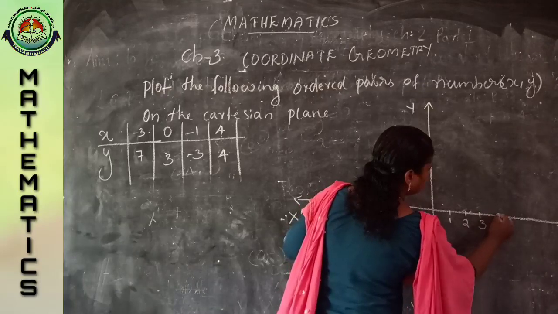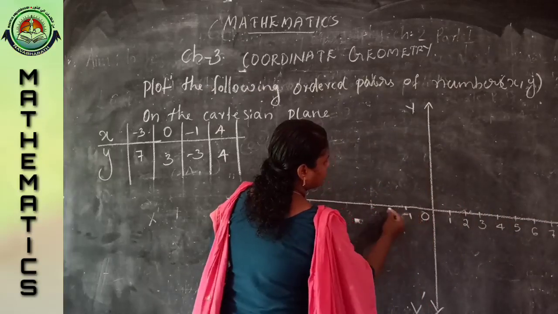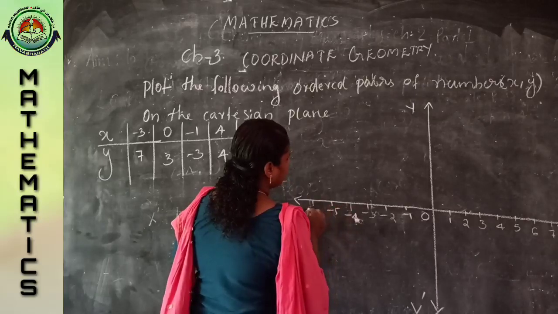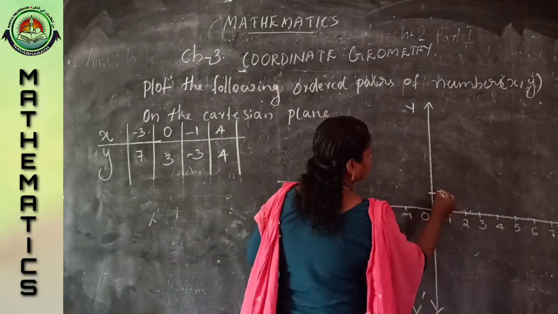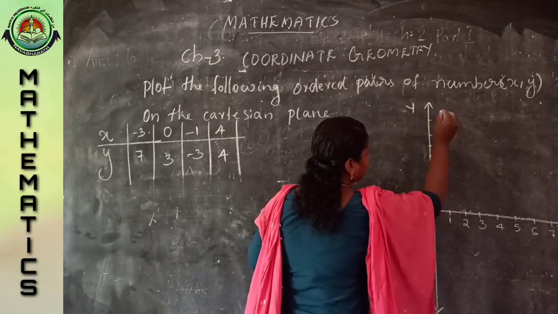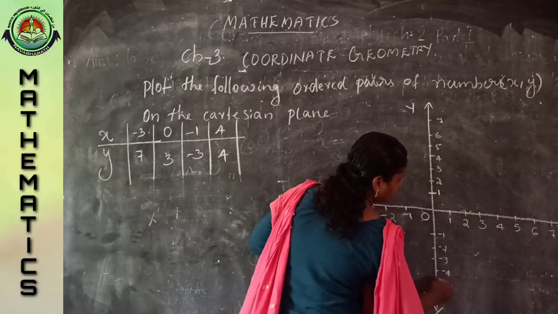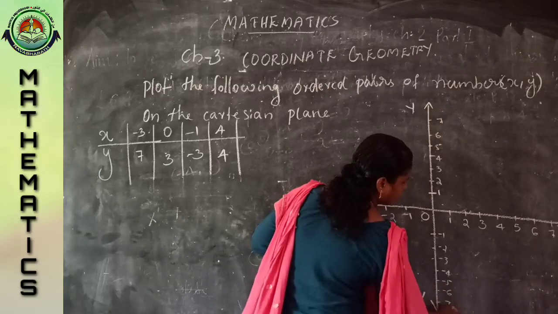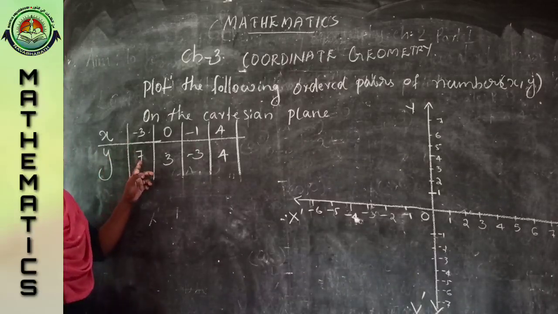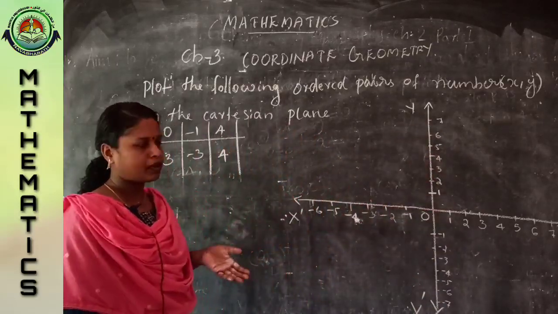We mark 1, 2, 3, 4, 5, 6, 7 and negative 1, negative 2, negative 3, negative 4, negative 5, negative 6, negative 7 on both axes. Here we have a y coordinate of 7, so we need to mark values up to 7. Then it will be easy.